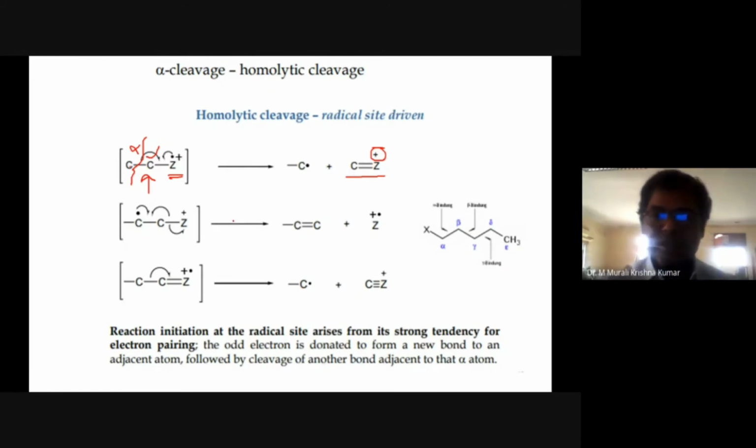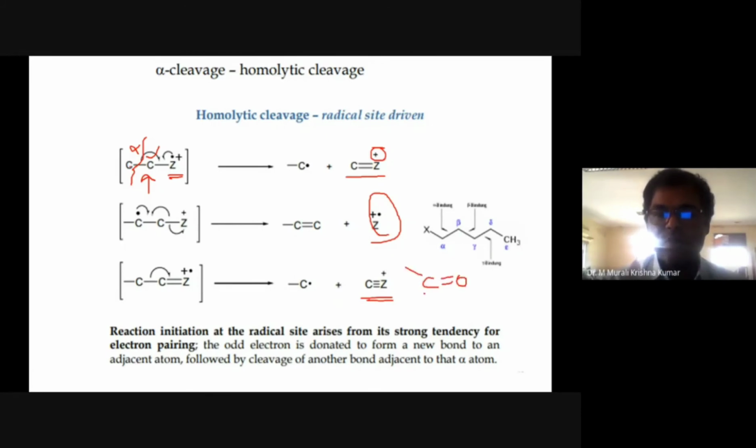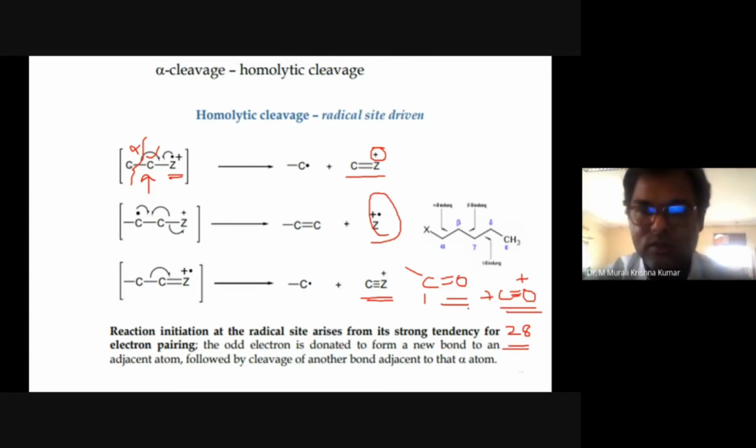On the other hand, you can also have an ion formation where the heteroatom itself bears the charge, but this is very, very rare. Whenever we have a double bond, a C triple bond heteroatom is also a possibility. In ketones, you usually see the ion getting stabilized via C triple bond O plus. This is 12 plus 16, 28. So this ion is a very popular ion in case of ketones. So this is a possibility.